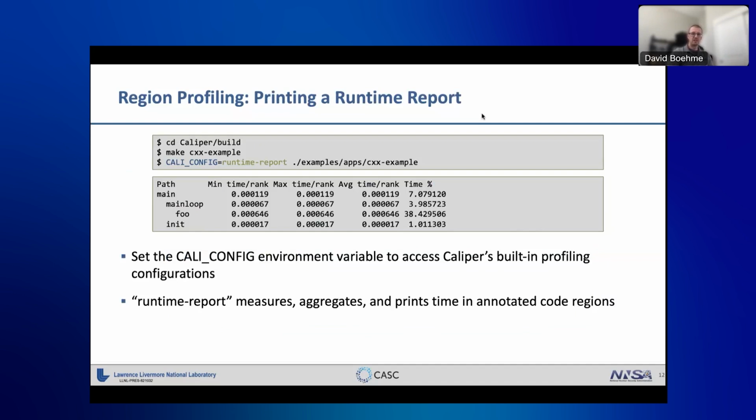Up here, we're using the runtime report that will just print out the time spent in your annotated regions on the screen in a text table. In an MPI program, it will aggregate these times over all the MPI ranks, so you see statistics like the minimum, maximum, and average time per rank in the region.